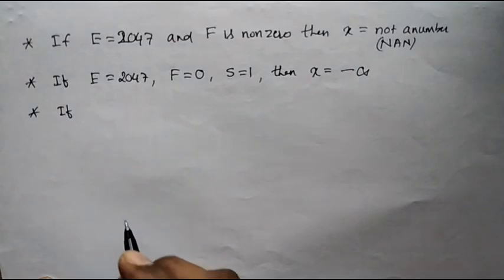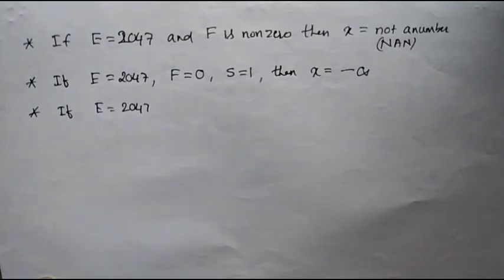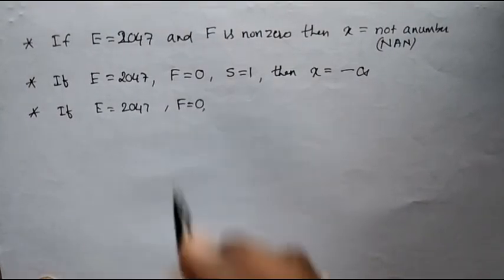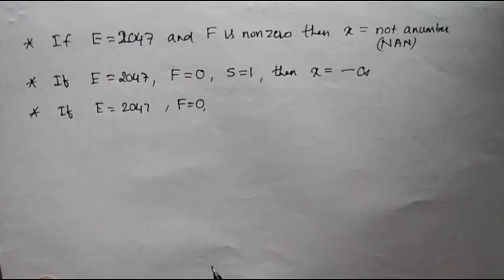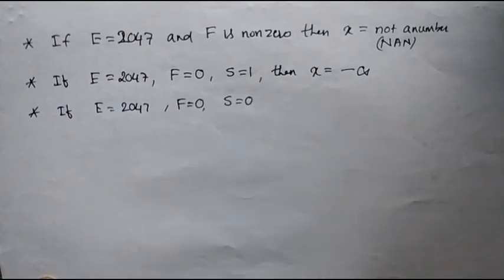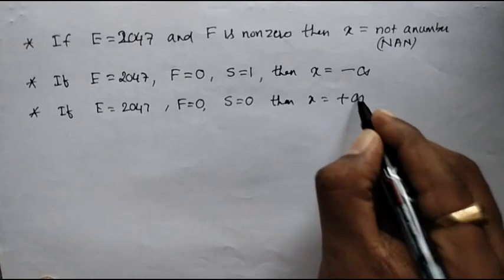Next rule, if the exponent is 2047, F is equal to 0, that is the mantissa is 0, and the sign bit is positive, that is 0, then the X value will be plus infinity.